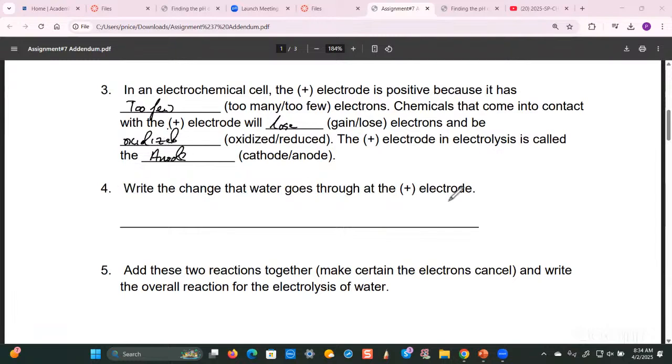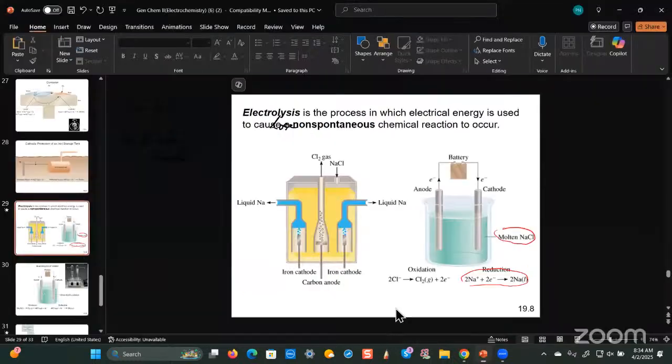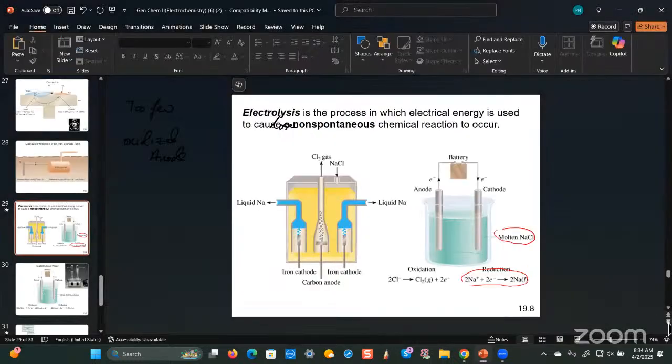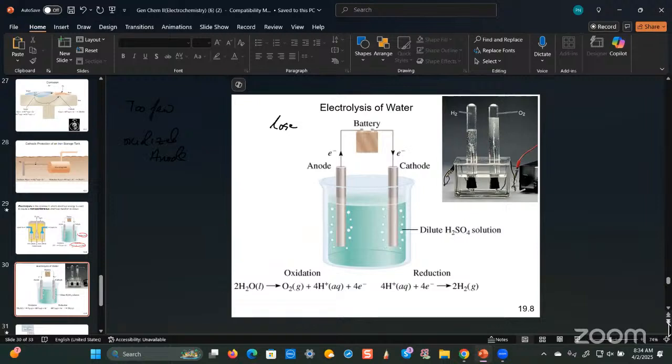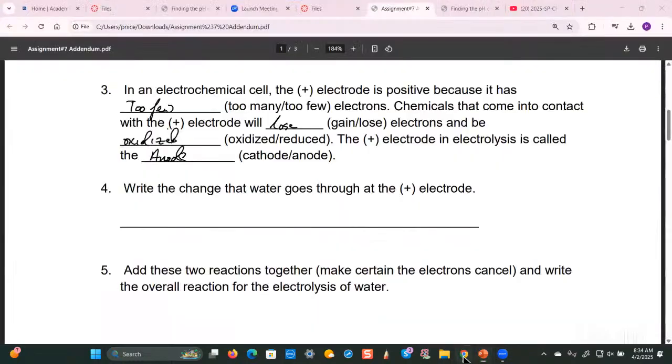And the change that water undergoes at the anode. Now that equation I showed you in the PowerPoint, it's going to be this equation right here. So I'm going to rewrite that equation here.